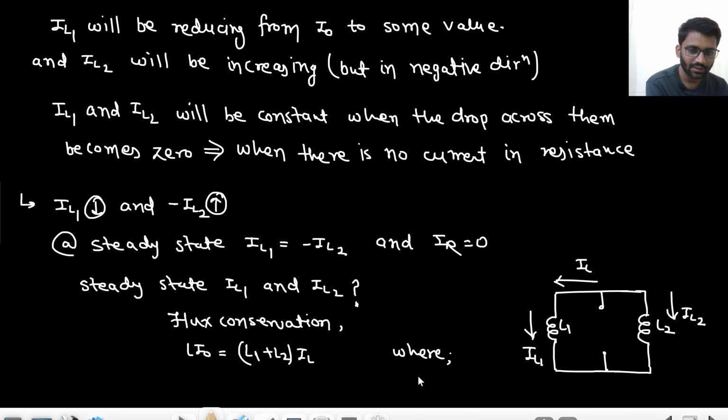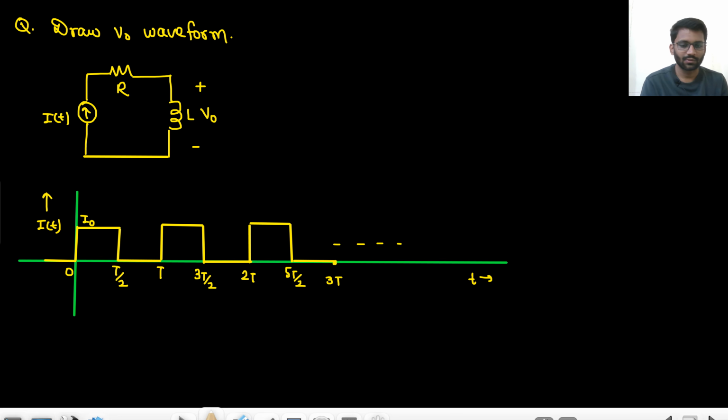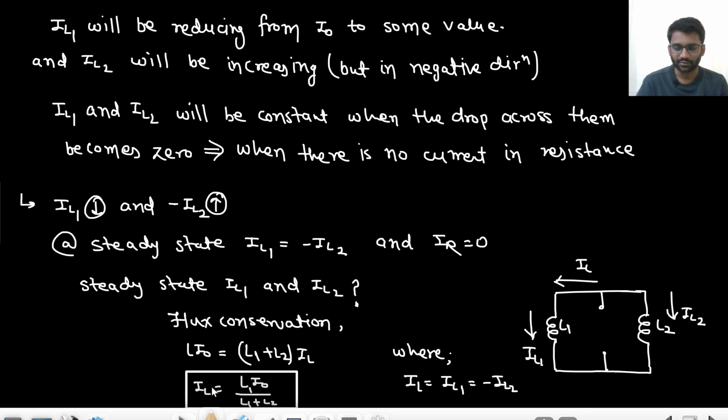Right? So IL is equal to IL1 is equal to minus IL2. So IL is equal to L1 I0 upon L1 plus L2. So this is what is happening at steady state actually. This is the condition of steady state.